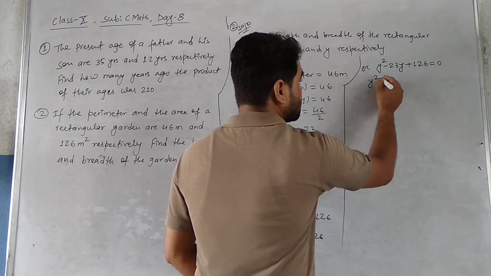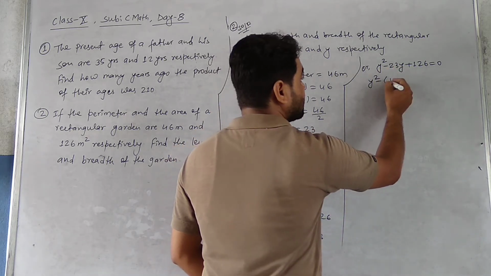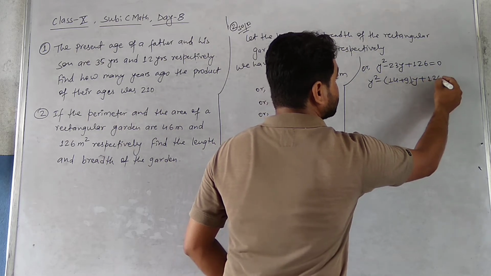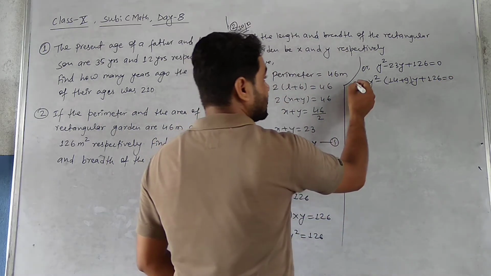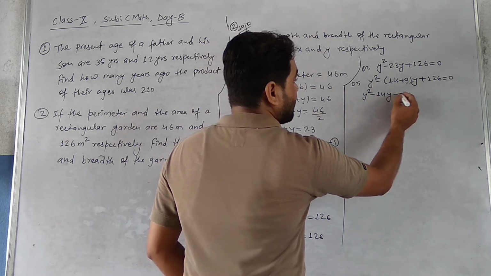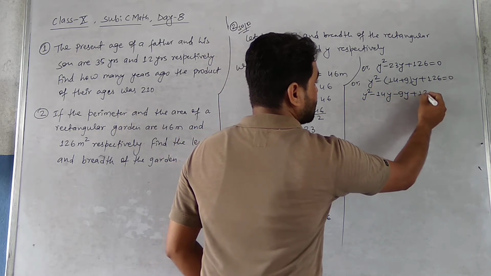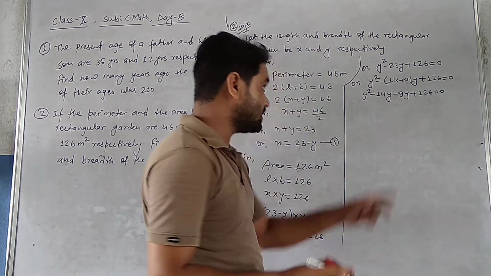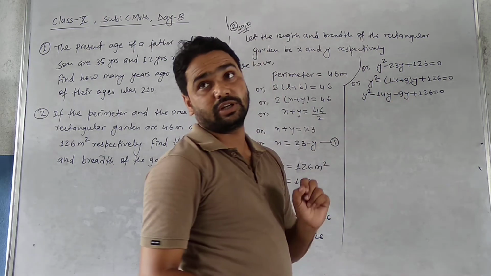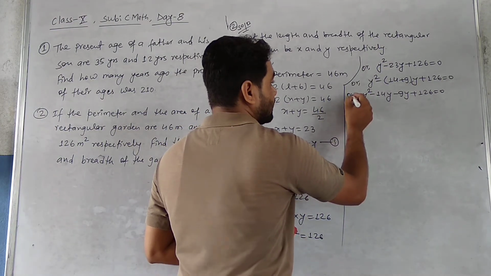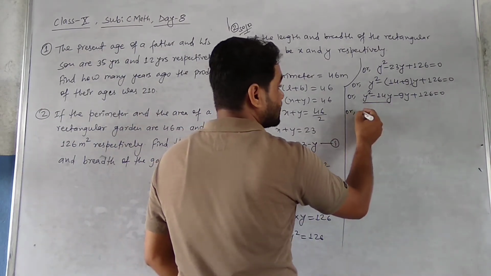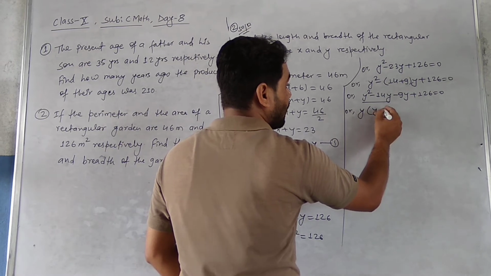So we get y square minus, in place of 23 we can write 14 plus 9, into y plus 126 equals 0. Or y square minus 14y minus 9y plus 126 equals 0. Now look, minus sign is here, then also minus, minus plus minus we get this. As usual take out y as a common from the first two terms, we get y minus 14.